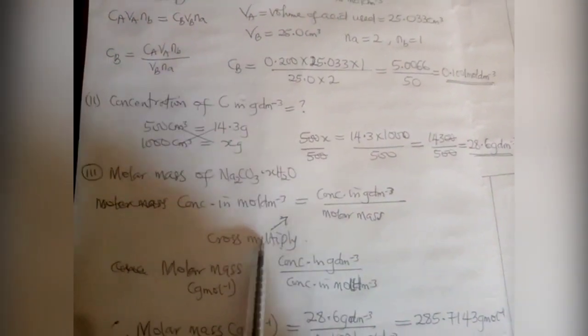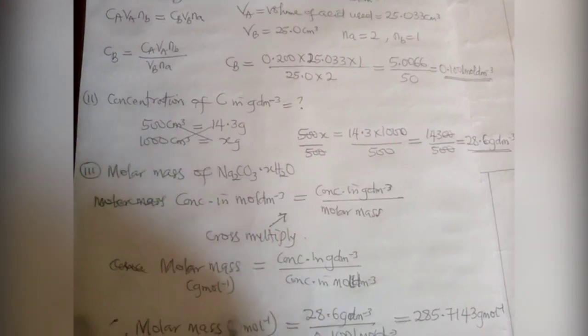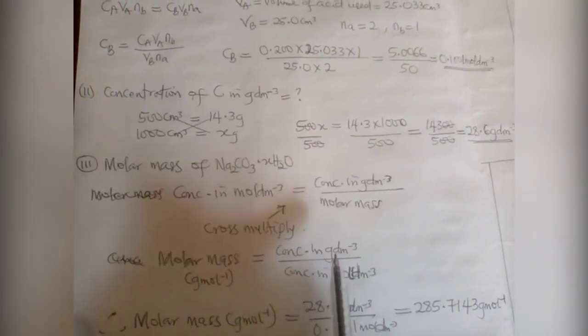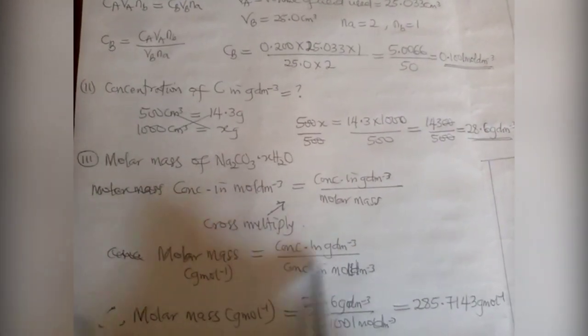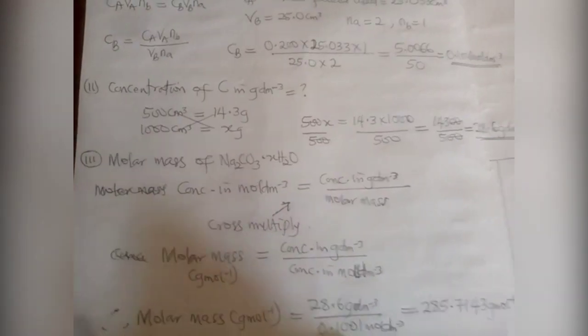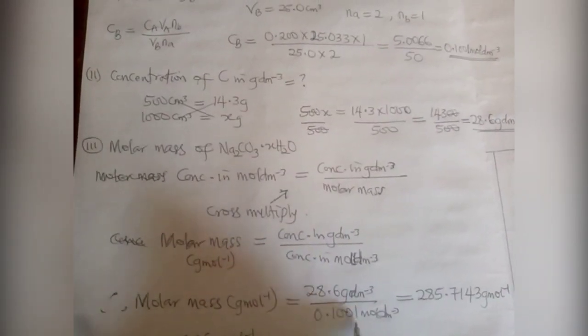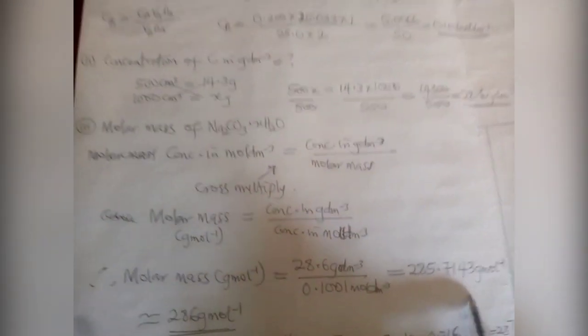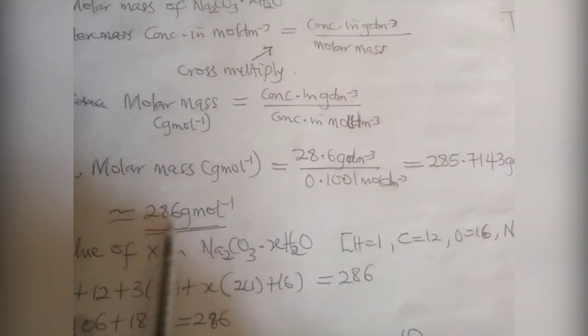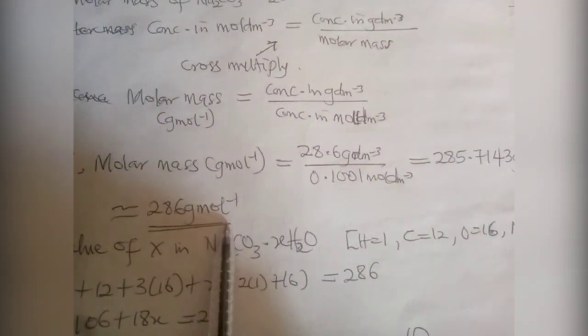So when you cross multiply, as I've written here, you are going to get molar mass as concentration in gram per dm cube over concentration in mole per dm cube. That is of C. You already have that value, so you put that and you get this. When you approximate this one, you are going to arrive at 286 gram per mole.